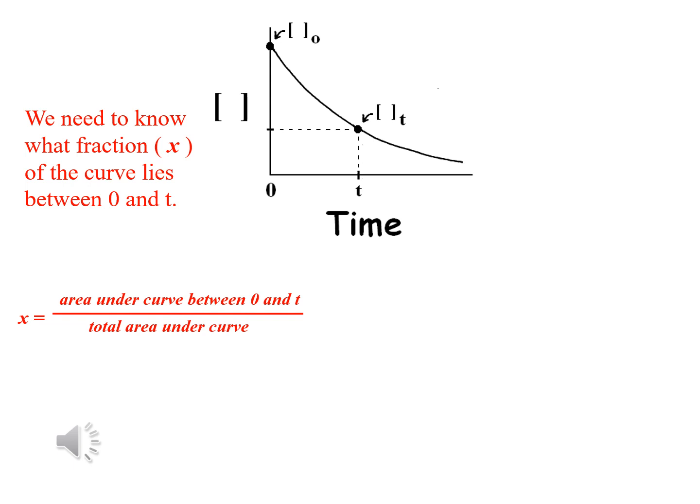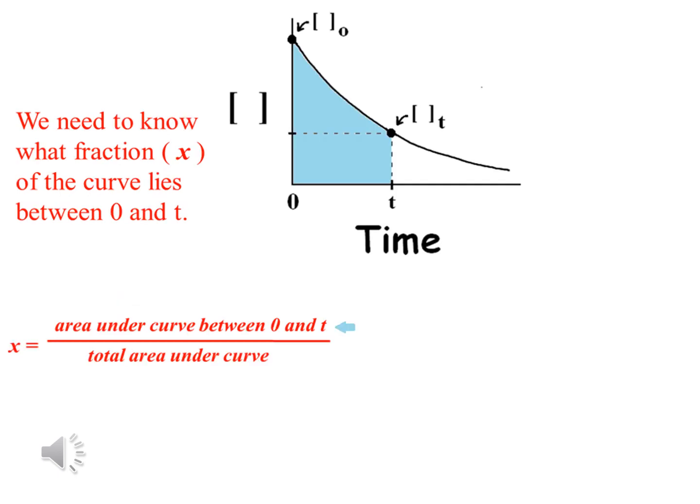In order to do that, mathematicians tell us that we have to, first of all, calculate the area under the curve from 0 to t, then calculate the entire area under the curve and divide them, which gives you the fraction of the area between 0 and t.